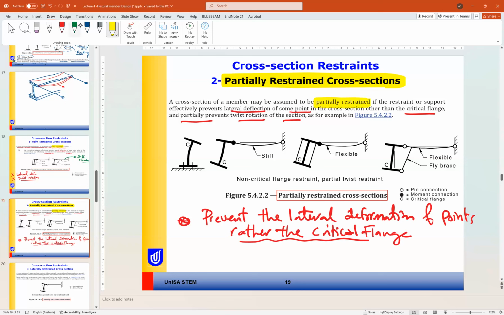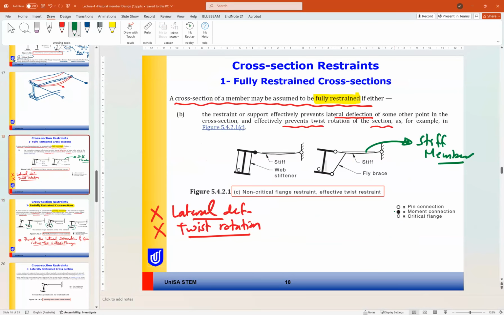Okay, this means that this is our critical flange here. So C indicates the critical flange. Just to make a clarification on the previous one, here as well C is the critical flange.